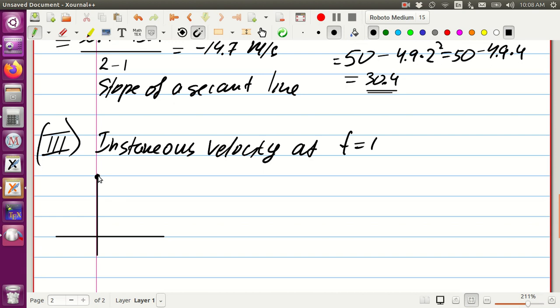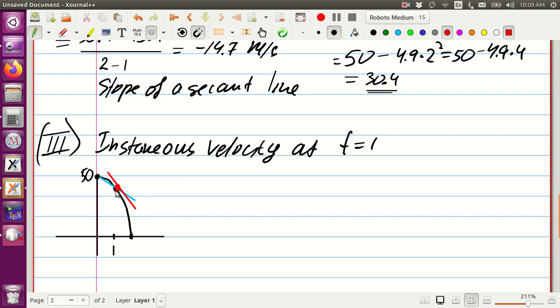And our height is 50 initially, then it goes as a quadratic function, and eventually it will reach 0. So we'd like to know what happens at 1. So we'd like to know the instantaneous velocity at 1. Before we did the secant line, but what we want to find, in other words, is the slope of the tangent line.